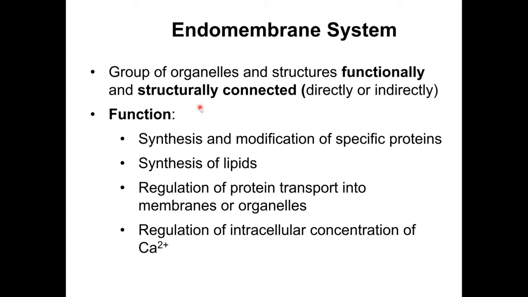This is formed by different organelles, which we'll see in the next slide, which are continuously connected in terms of function. For example, the endoplasmic reticulum is involved in the modification of proteins, and then it ships these proteins to the Golgi. So they are connected both structurally through vesicles and in terms of function as well.